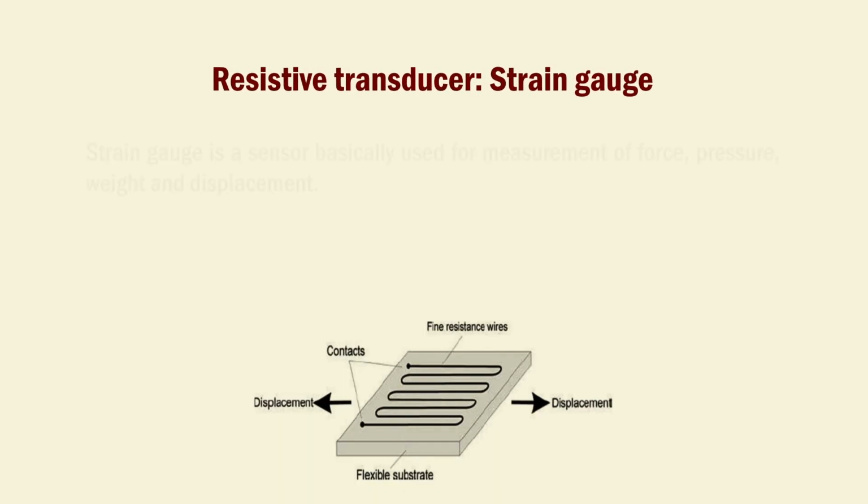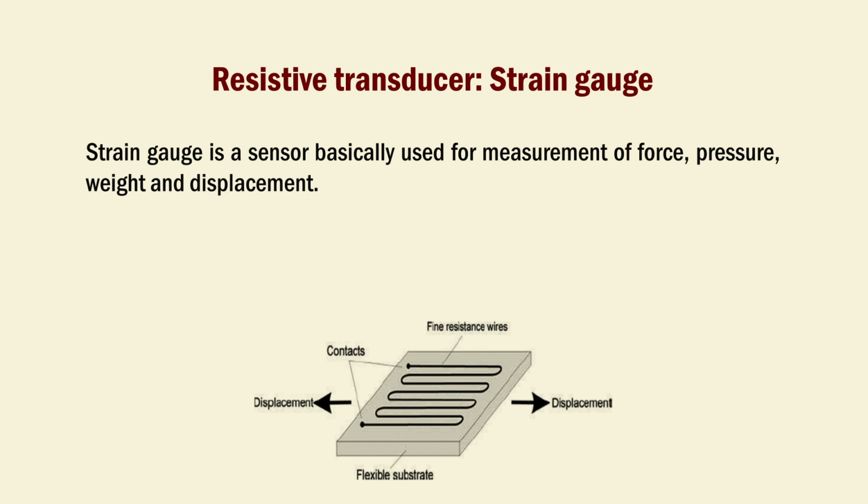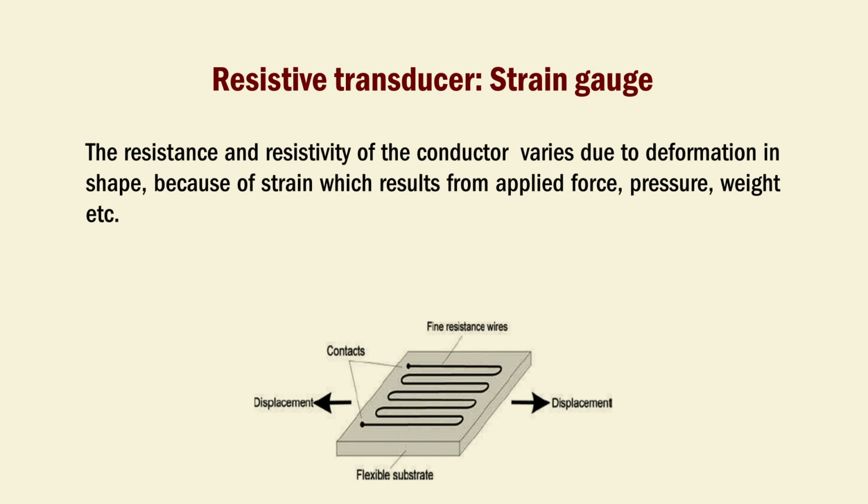The next transducer is strain gauge. Strain gauge is a transducer basically used for measurement of force, pressure, weight and displacement. The resistance and resistivity of the conductor varies due to deformation in shape because of strain which results from applied force, pressure or weight.